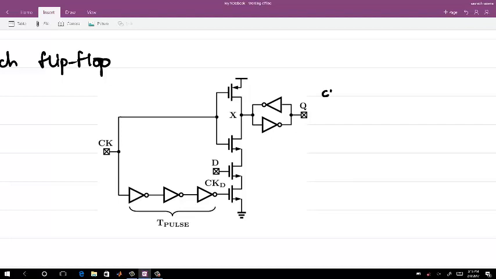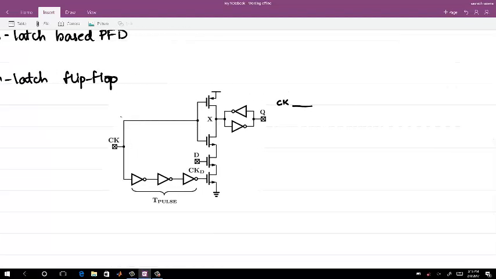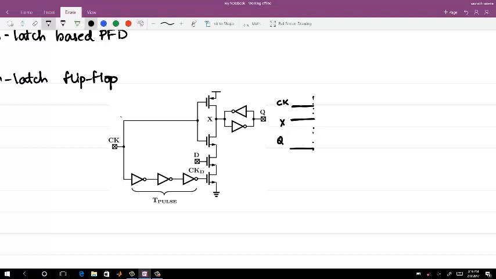When the clock is low, your X node is pulled to VDD and Q is 0. This is the case when they are low, and it doesn't matter what D is. The in between potential will be pulled to ground, as there is an inversion in the clock.